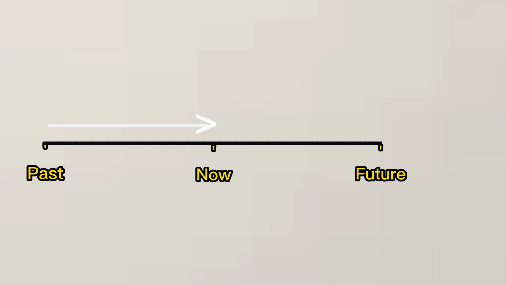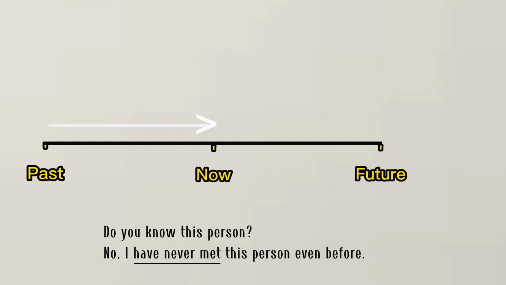Another example, you're talking with your friends and one of your friends asks, do you know this person? And you say, no, I have never met this person before. So that means in your entire life, you never saw this person. So now is the first time that you have seen her.